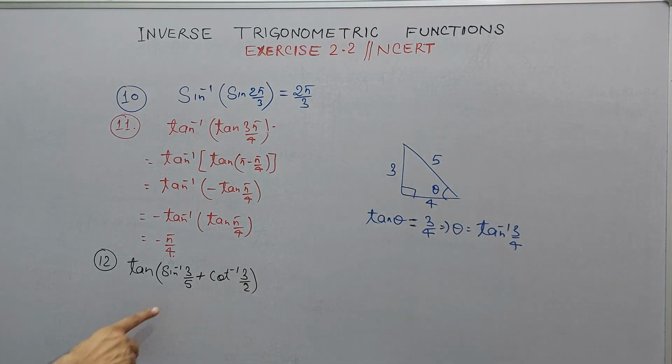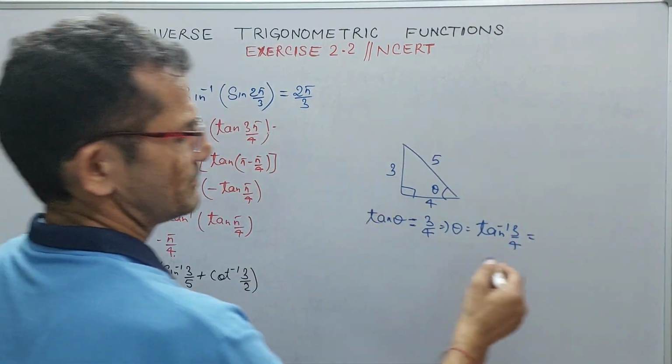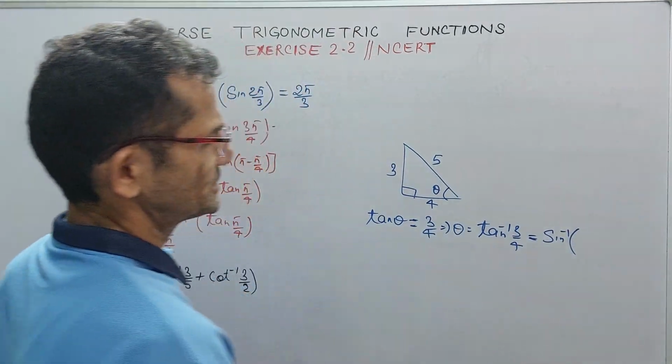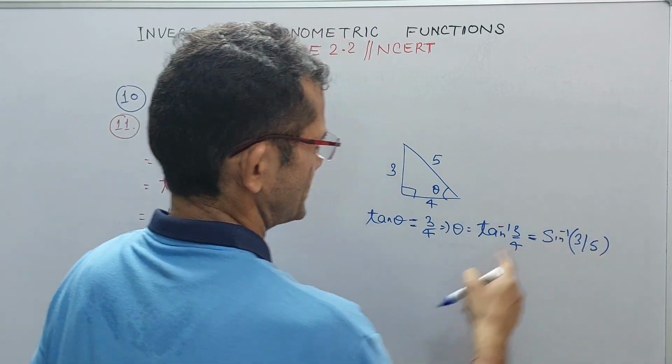So sine inverse 3 upon 5 will be changed with tan inverse 3 upon 4. How are these two values equal?